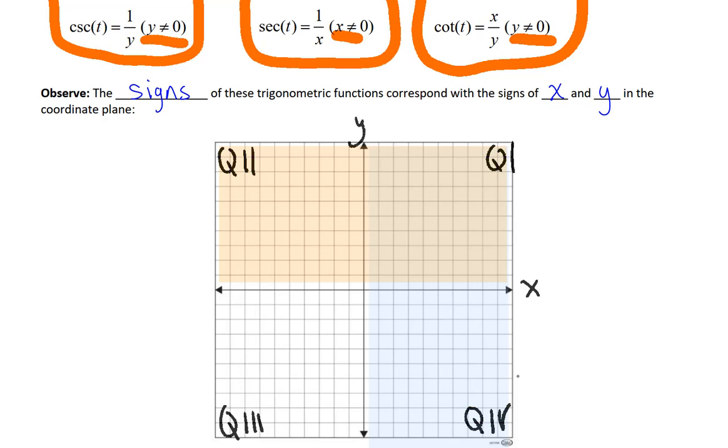Now, if we consider the nature of x and y in the coordinate plane, then let's recall again what we already know. To the right of the y-axis, we have quadrant 1 on top and quadrant 4 below, and in that half of the coordinate plane, we would say that the x values are all positive.